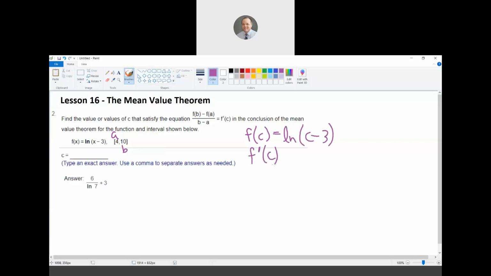Now, when we take the derivative, remember the natural log of a given function is 1 over that given function times the derivative of that given function. So the derivative of c minus 3 is just 1, giving us f prime of c is exactly 1 over c minus 3.